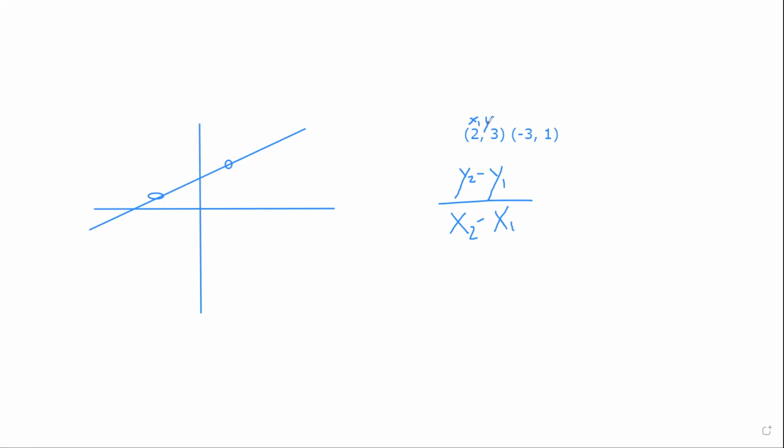So that's why we have x1, y1. That's just the first one that I see. And the second point, x2, y2. That's the second point. So now I can plug the numbers into the equation form.